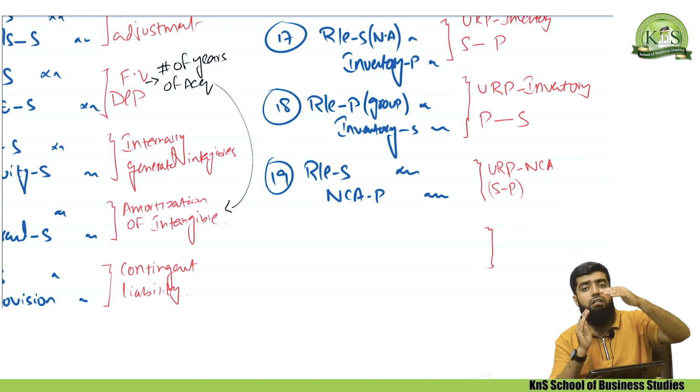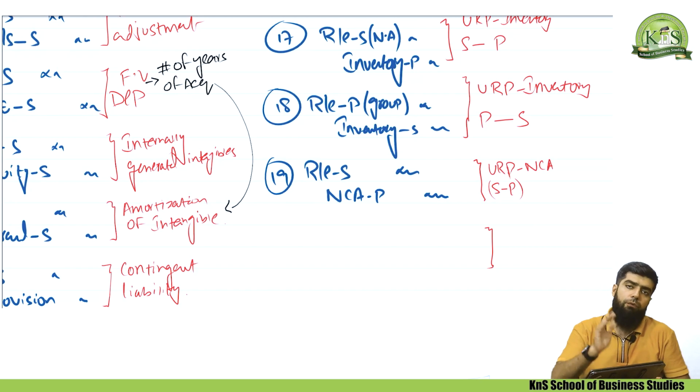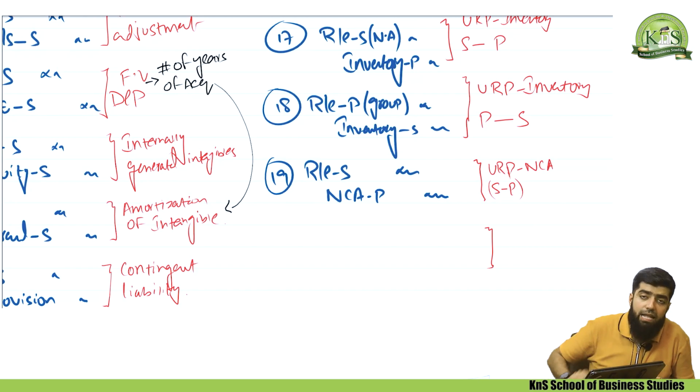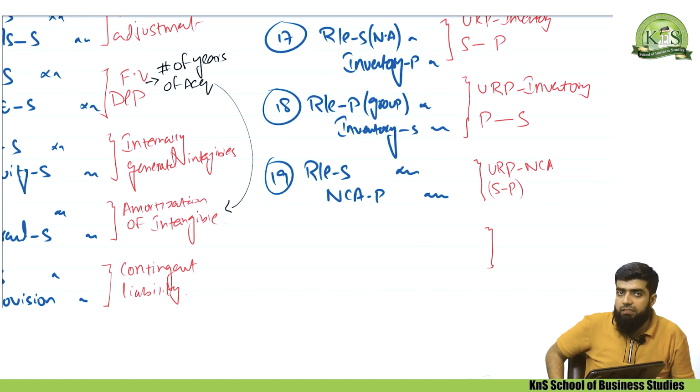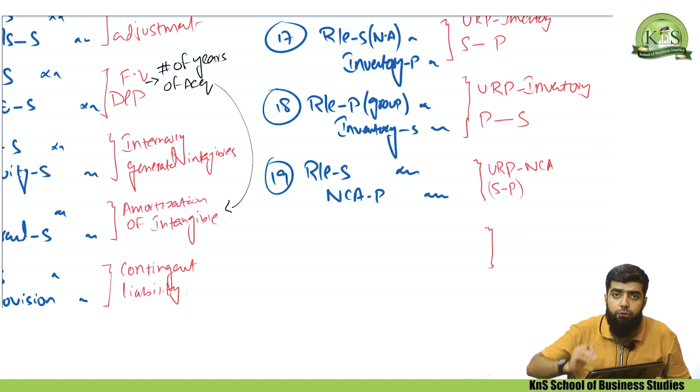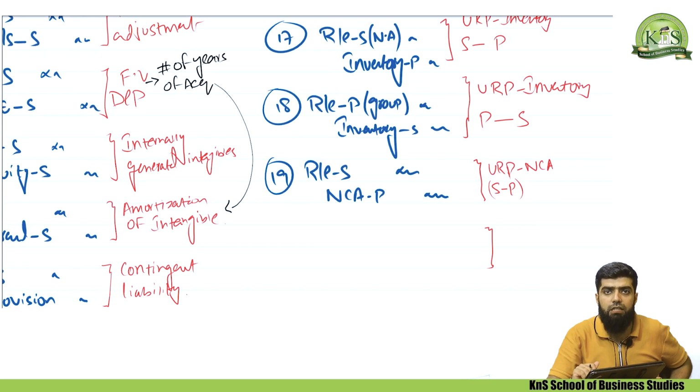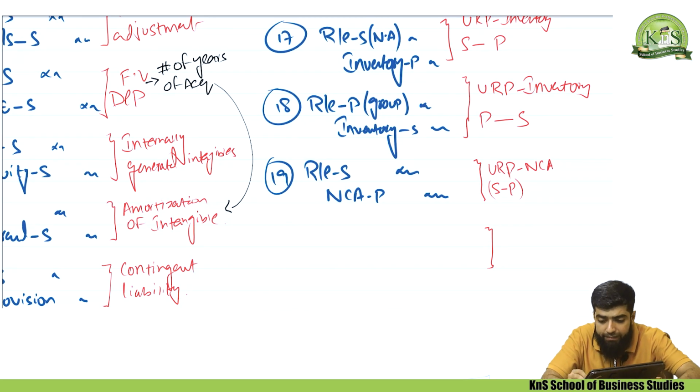This will result in a higher depreciation in the accounts of P company. Now this needs to be accounted for. We need to reduce the amount of depreciation. In order to reduce the amount of depreciation, we need to increase the amount of profit of the parent company.